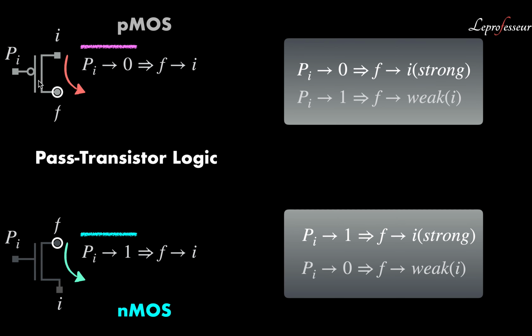It's like when the gate control is off, which means it's 1 for PMOS, water is not flowing, but a few drops of water might reach from I to F, and those will not be significant enough to say that F has reached the same voltage level as I. So it's representing weak. Similarly for NMOS, when PI is 0, the output function F has a weaker value of I.